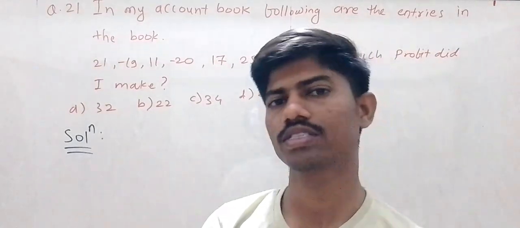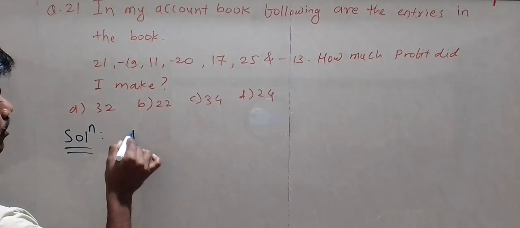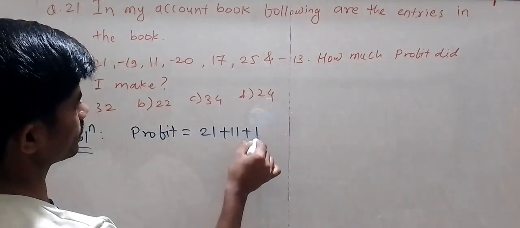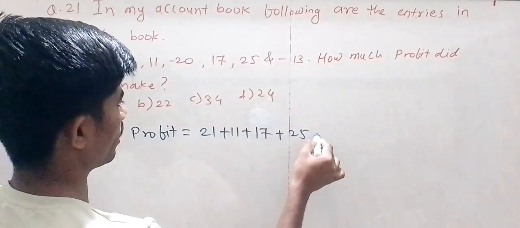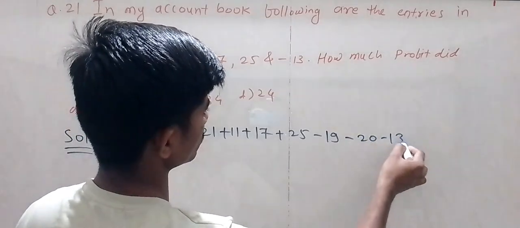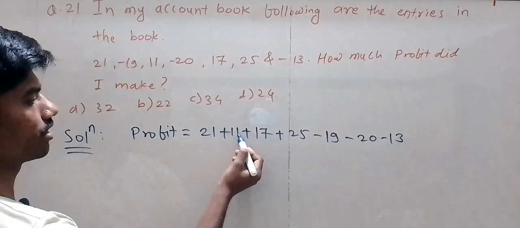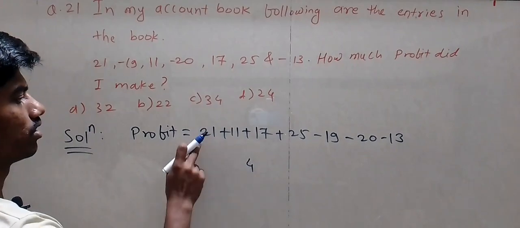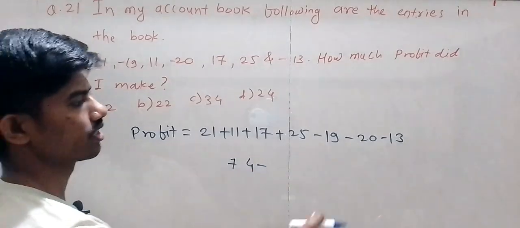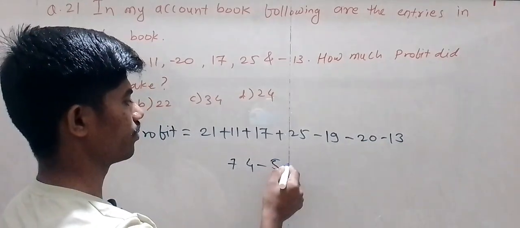Just try to add the positive numbers and subtract the negative numbers. So profit is equal to 21 plus 11 plus 17 plus 25, and the minus entries are 19, 20 and 13. Adding all the positive terms gives 74. The negative terms: 20 plus 19 is 39, 52.